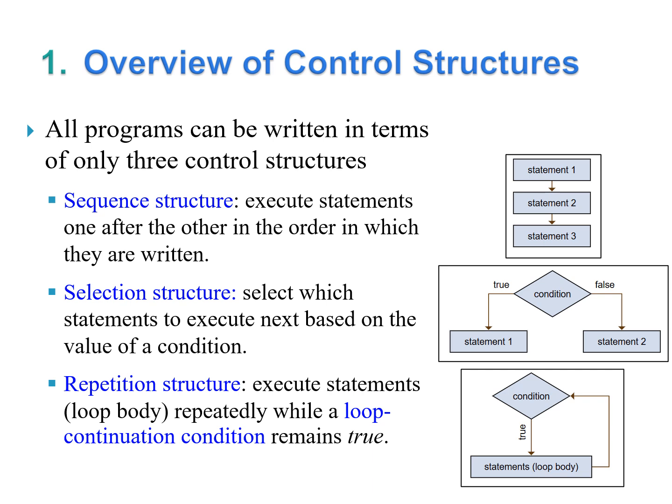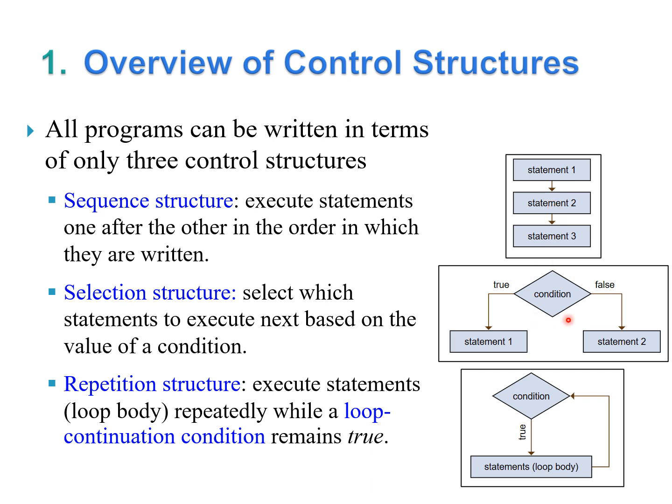All programs in any programming language can be written in terms of only 3 control structures: sequence structure, selection structure, and repetition structure. For a portion of a program written in sequence structure, it will execute statements one after the other in the order in which they are written.